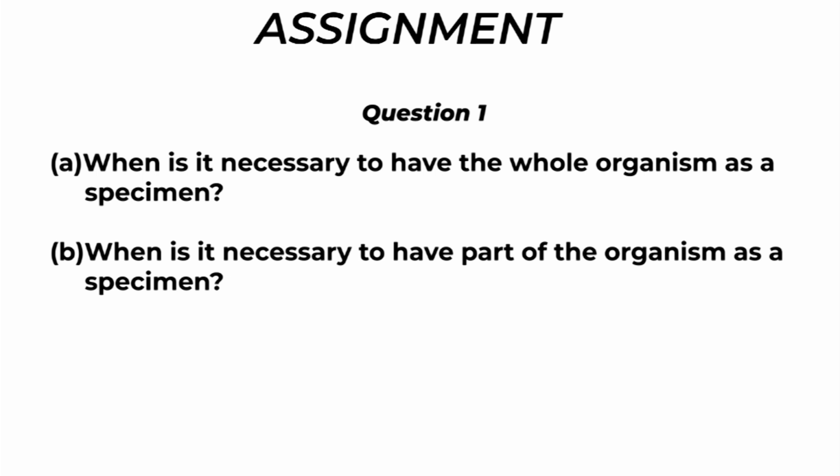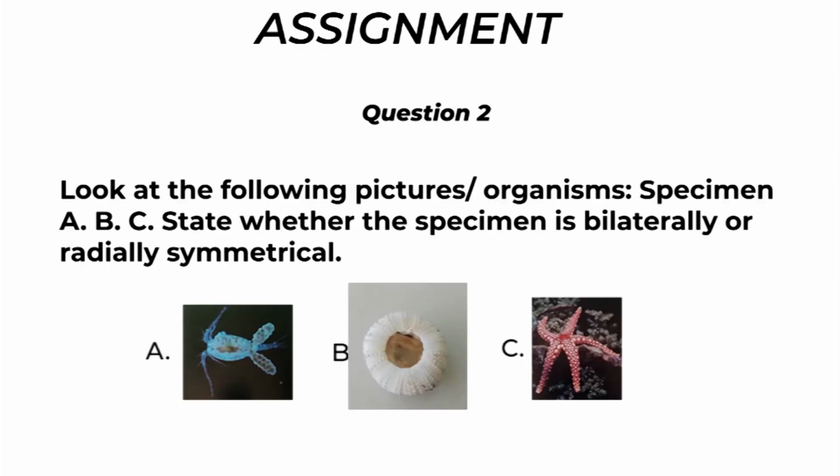When is it necessary to have parts of the organism as a specimen? 2. Look at the following pictures of organisms: specimen A, B, C. State whether the specimen is bilaterally symmetrical or radially symmetrical.